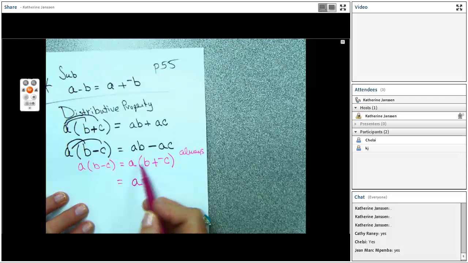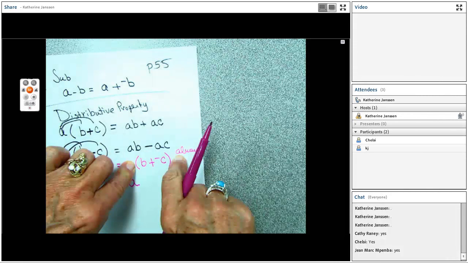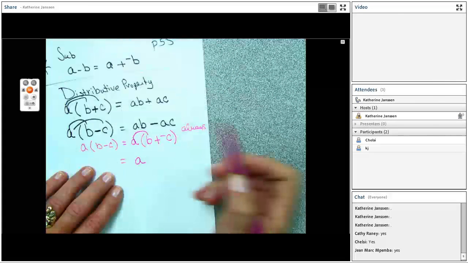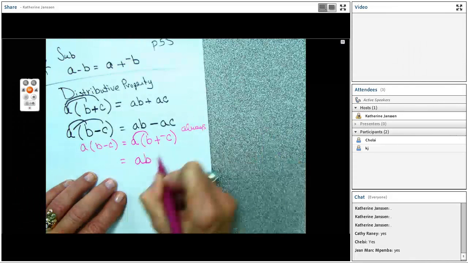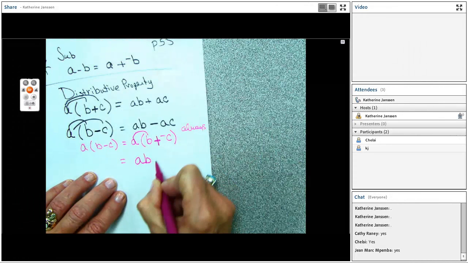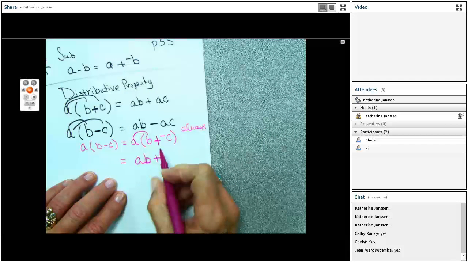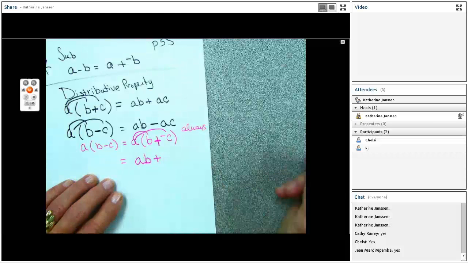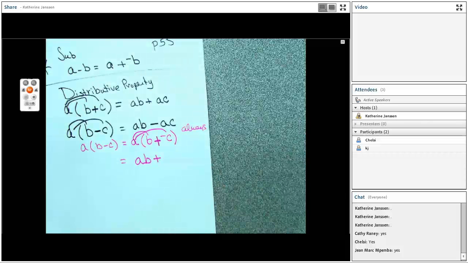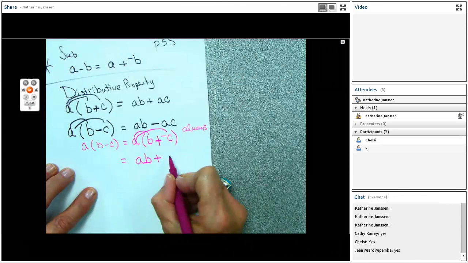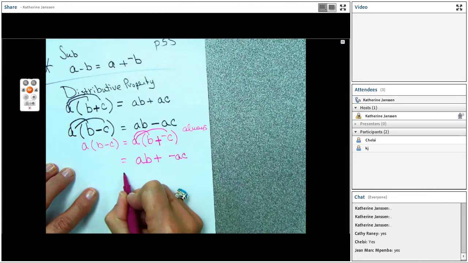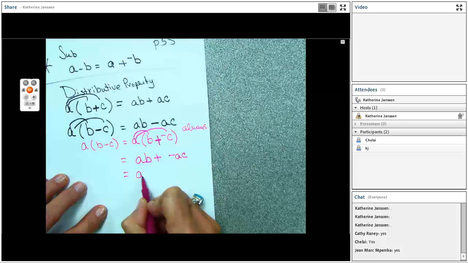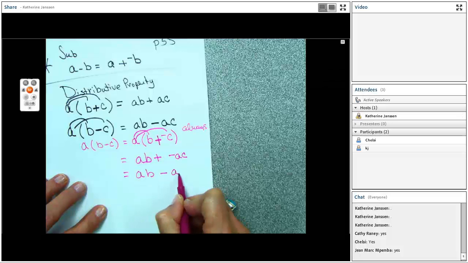It's distribution of every term within this parentheses. A times the first term would be AB. Pick up your sign of addition. It's A times the next term, which is a negative term, a negative C. So that's going to be a negative AC. And then simplifying, that's AB minus AC.